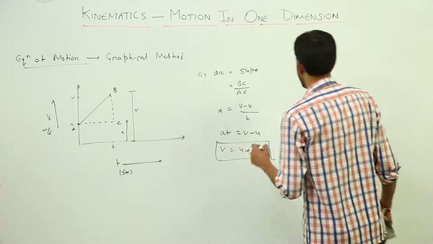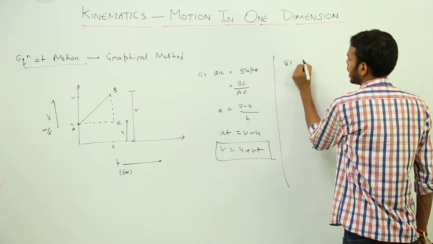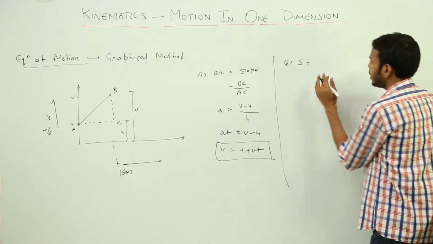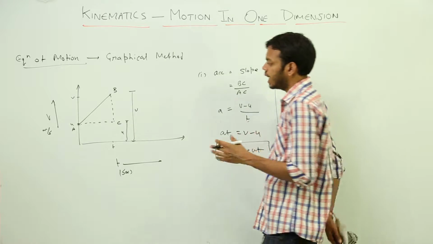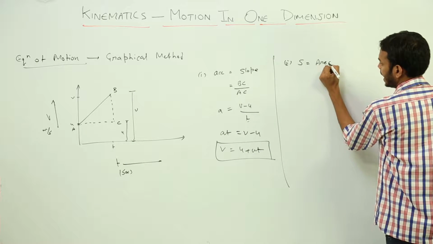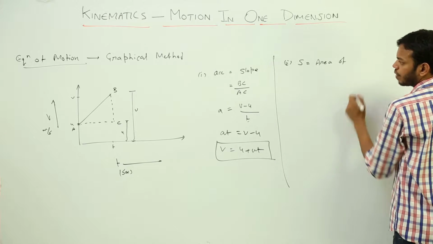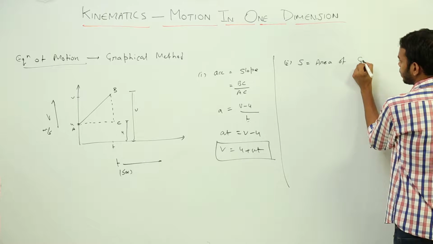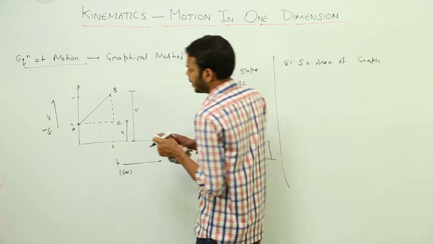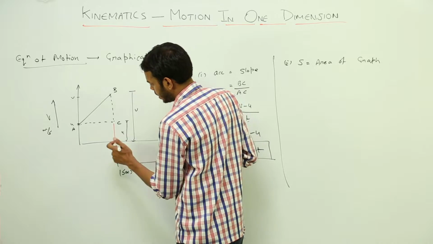The second equation: I want to find the total distance covered, S, which by the graphical method is given by the total area under the curve. So I need to find the area under the curve, which is the total graph basically. I think we should write T here.